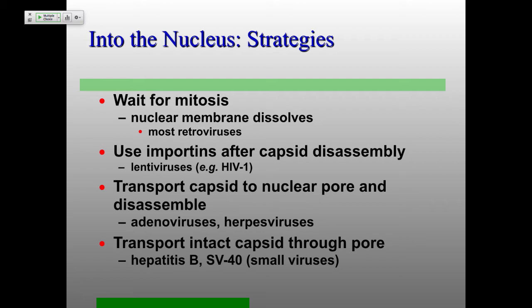So you have the release of the genome from the proteins that are around it, just literally at the nuclear membrane, and that genome itself gets transported through the nuclear pores. And then in very few cases, and this is particularly true for a lot of the very small virions, the whole virion gets brought into the nucleus. And this is true for hepatitis B and SV40. But again, these are very small kinds of virions.